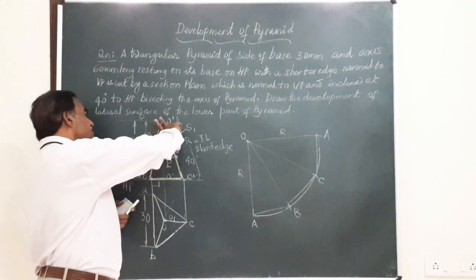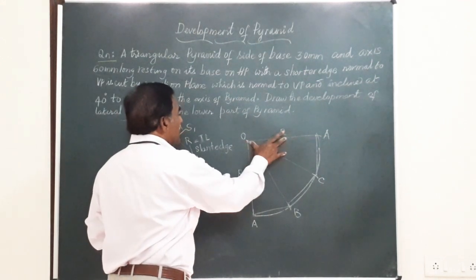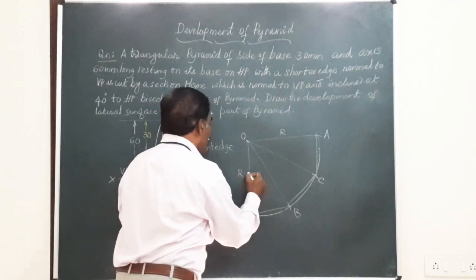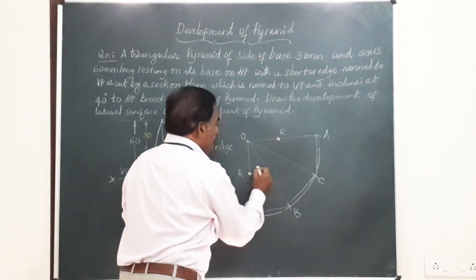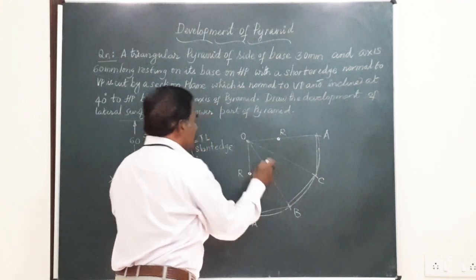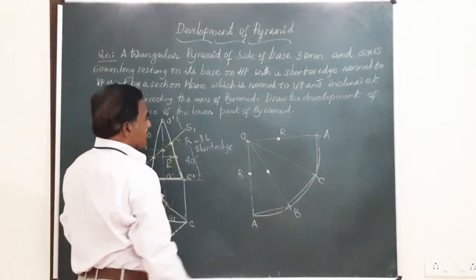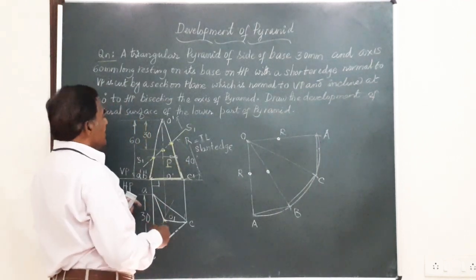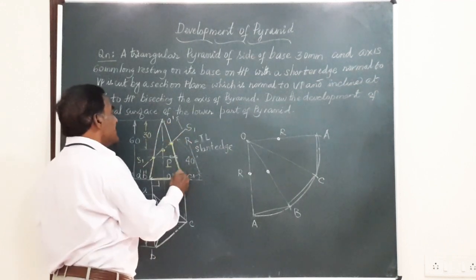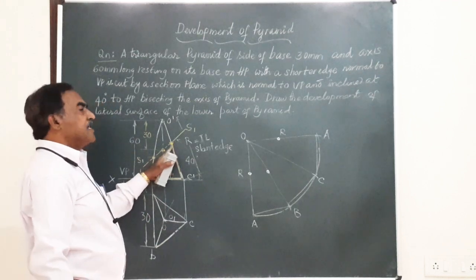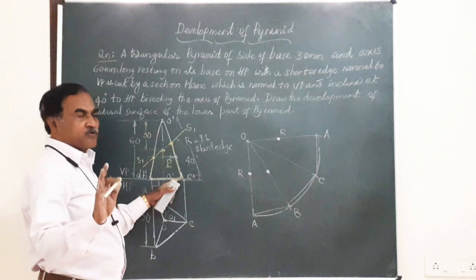So take this measurement and mark on OA, OA and OB. So I am going to mark this OA, again OA and then OB. You can just take this measurement and make arcs there. Finally, this section plane is cutting the slant edge O dash C dash at this point, and this point lies on O dash C dash, which is the true length.